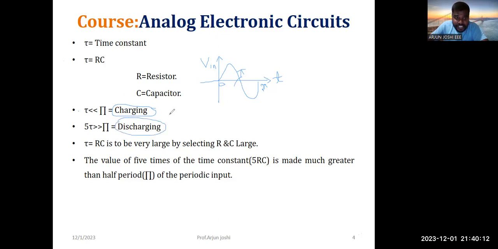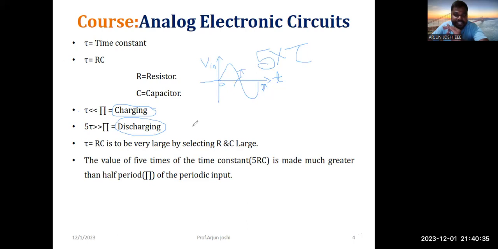During this discharging condition, 5 times tau should be considered. Why? Because the capacitor will act as a DC supply, and it should maintain its voltage during the discharging condition.